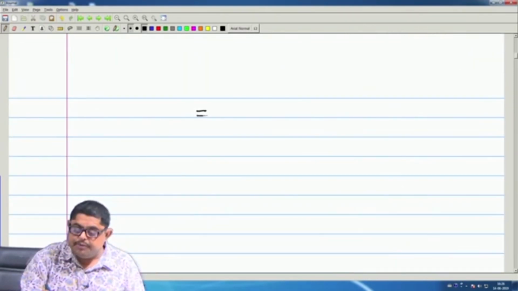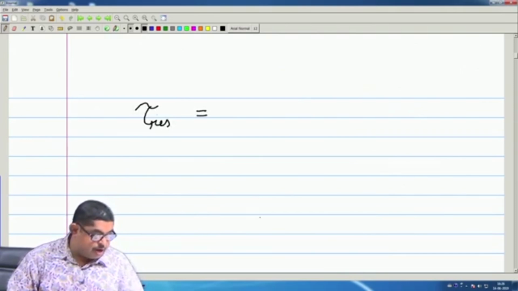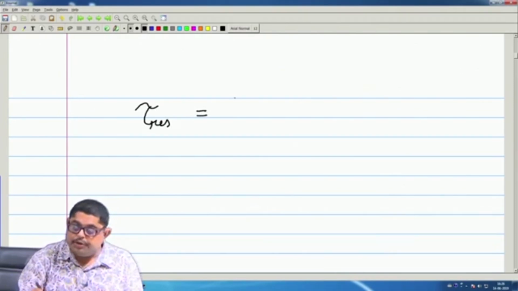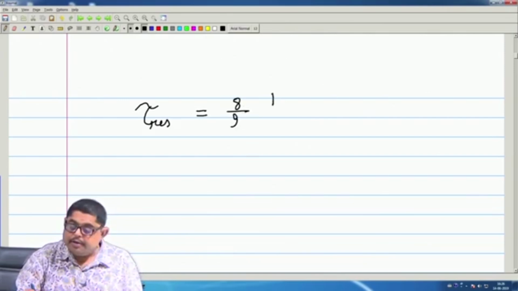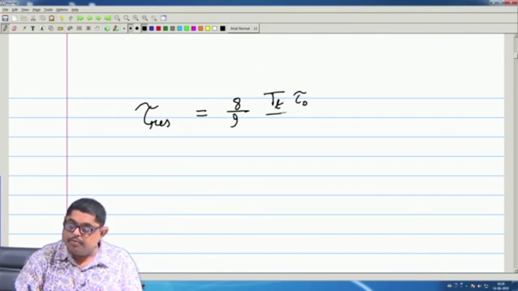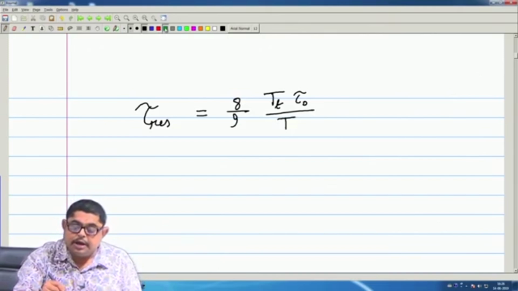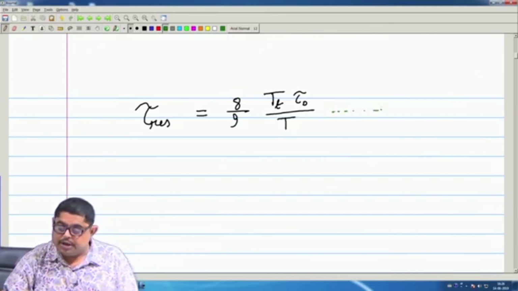So, that becomes the resolution constant 8/9 T_T tau naught by dt. This is an important relation.